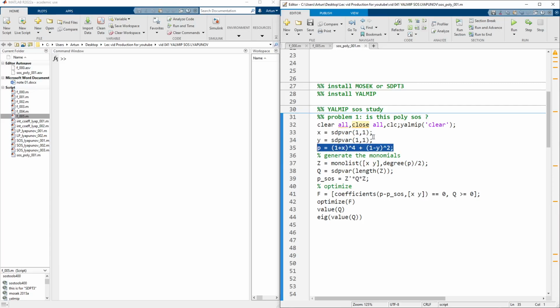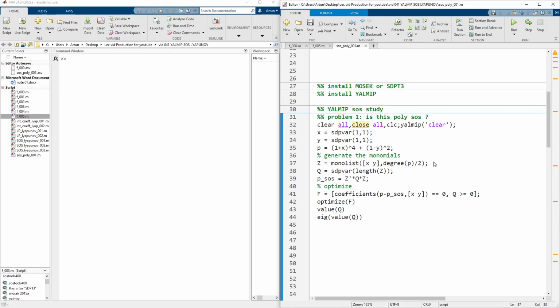Let's go quickly. This is our polynomial. X and y are indeterminates. And monolist is the command in YALMIP, and it basically generates all the monomials.